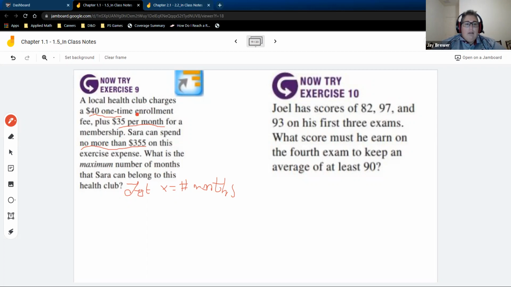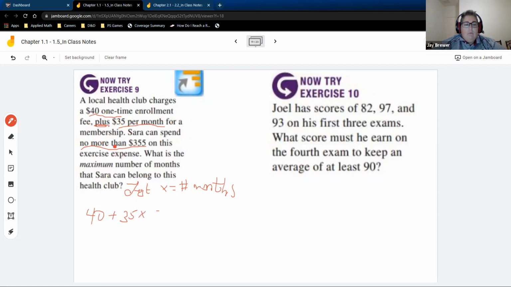So $40 one time means we're going to have $40 once. There's no multiplier to that. But then it says plus, so it literally tells you the word plus, so we're using an addition sign. $35 per month. Well, I said that X was my month, so it's going to be 35X.